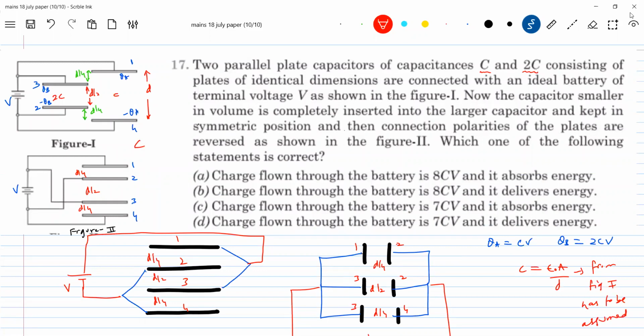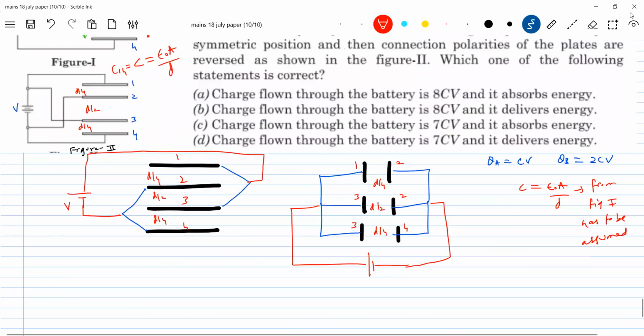So here I'll write it, because looking at the first, C14 is equal to C, equal to this much. Okay, now the area of cross section of the plates didn't change. So the same area A, area of cross section of plates is A.